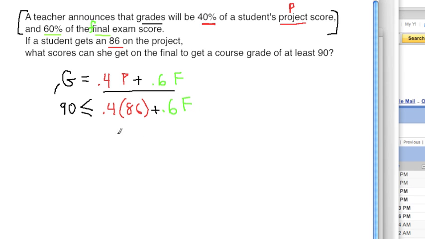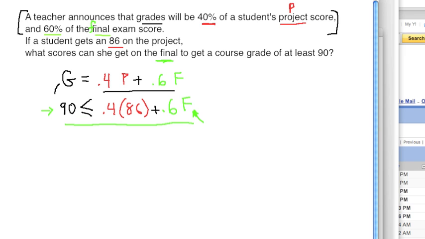And we're almost done, because look, we have this inequality right now, and it did ask what score we want to get on the final, which is our F right there, in order to get a course grade of at least 90. So if we solve this inequality for F, we will get a minimum grade that the student needs on her final in order to get a 90 for the course.